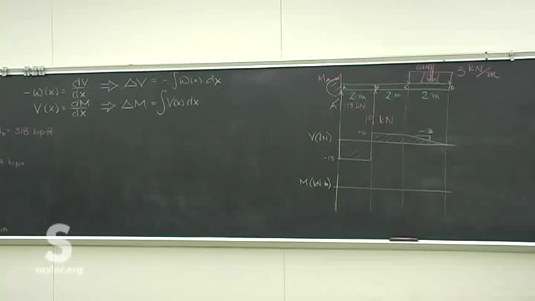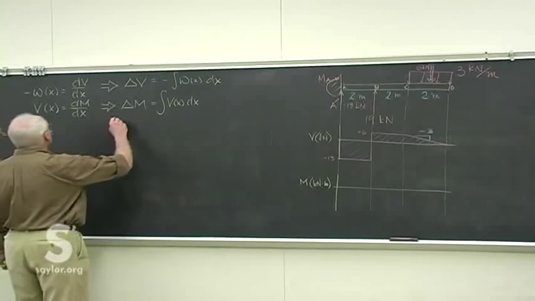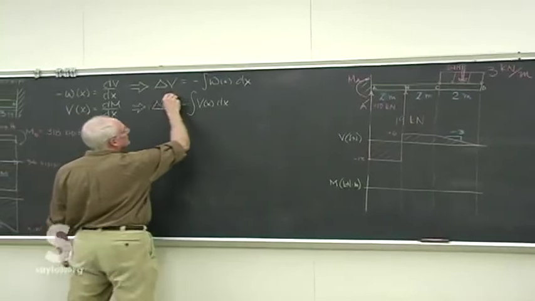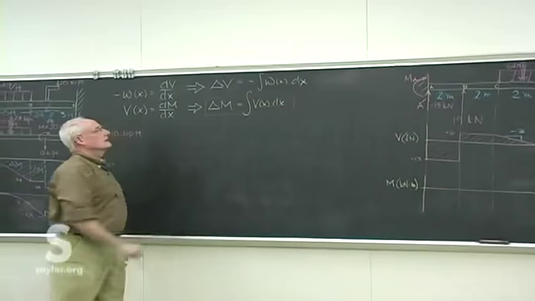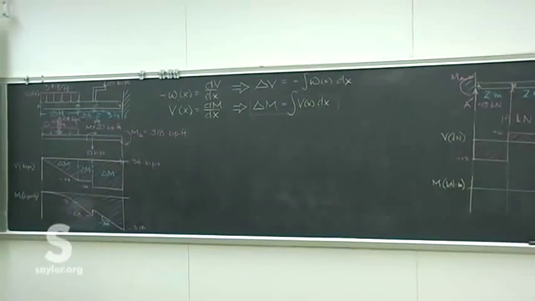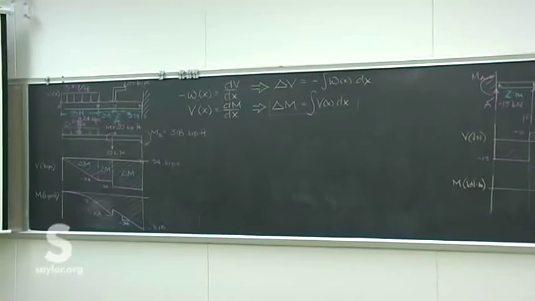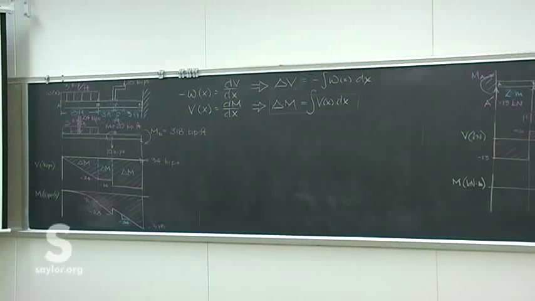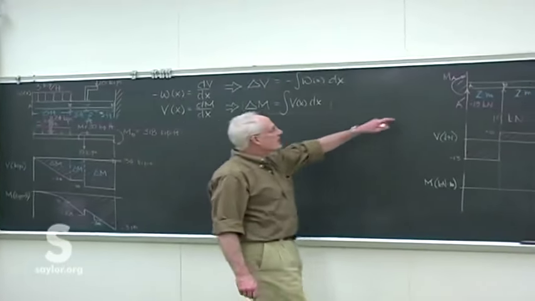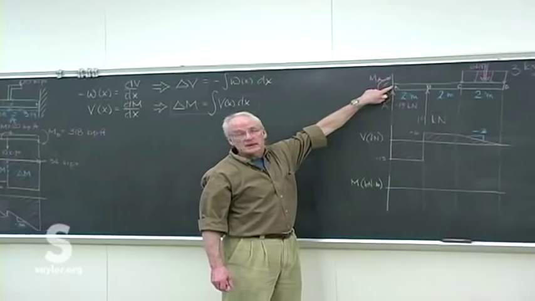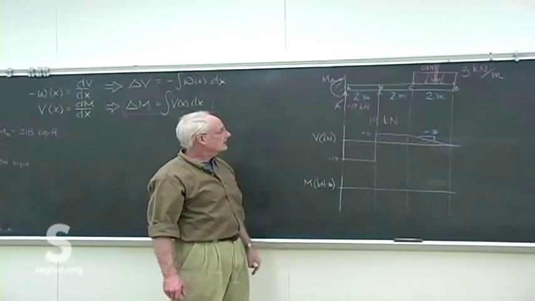For the moment diagram, it helps a lot, I think, to remember that relation, that the change in the moment for any section is the area under the shear curve between those same 2 points. We don't start with 0 moment, because we have the cantilever support there.